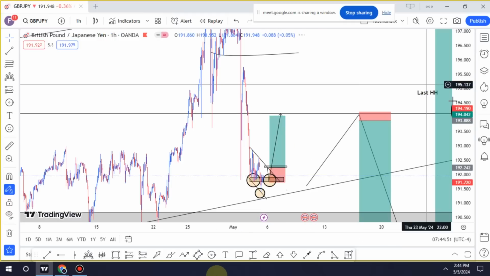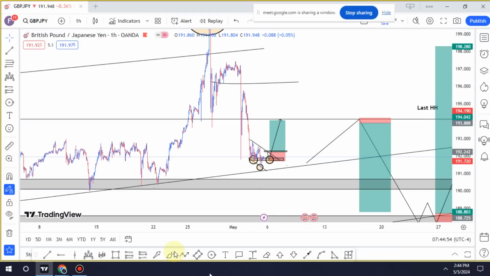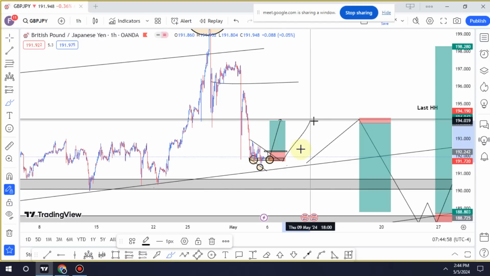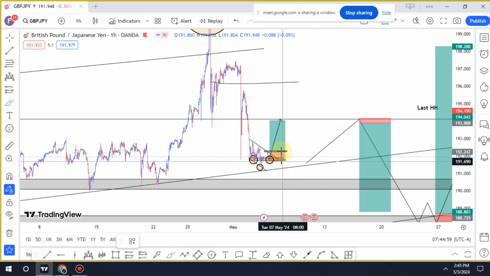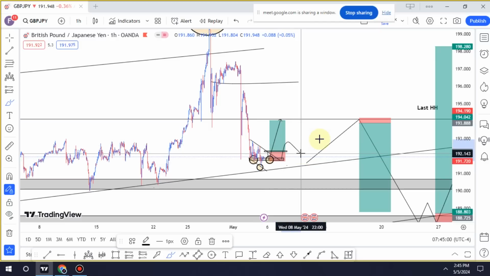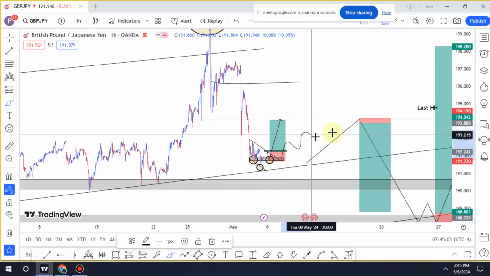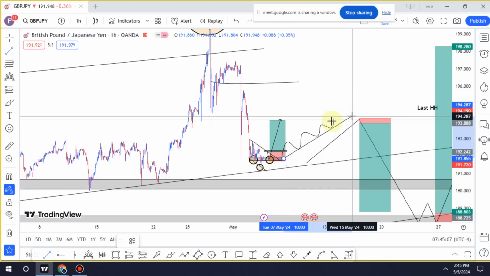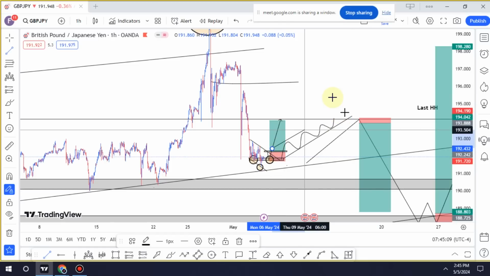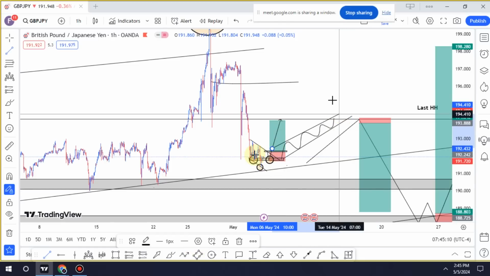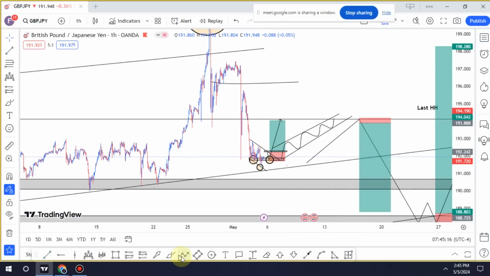Now, if this market respects this kind of analysis, this is the case. We should see the market touch this level right here, and let me give us another drawing: higher high, higher low, higher high, higher low, higher high, something like this. Those are the patterns that we should be seeing, guys. And remember, this is just a kind of correction. When the market does this, the same way we analyzed this kind of reversal, that's how we take our sell position right here.